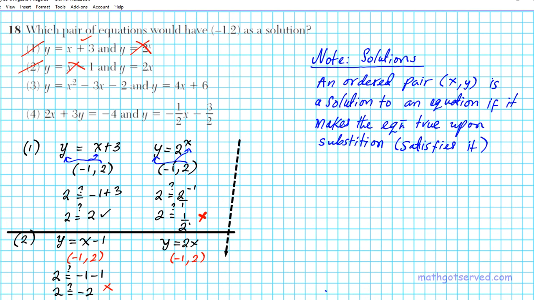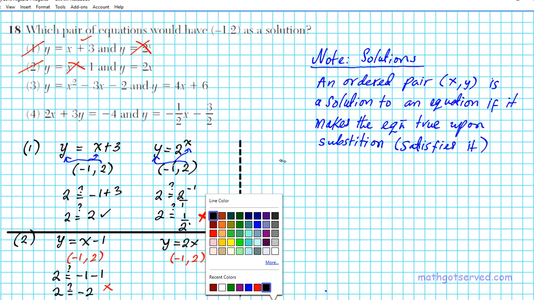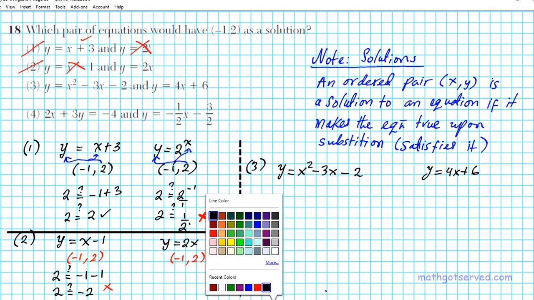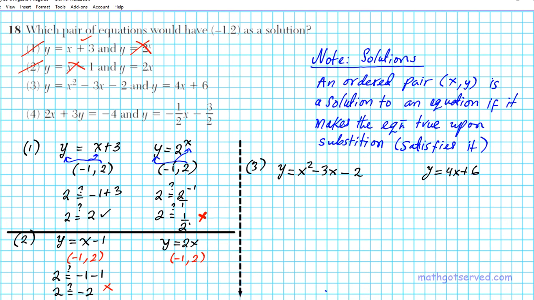Alright, we keep on going until we get a situation where the ordered pair satisfies both equations. For option 3, we have y equals x squared minus 3x minus 2, a quadratic trinomial, and a linear function y equals 4x plus 6. We don't know if the ordered pair is a solution yet.